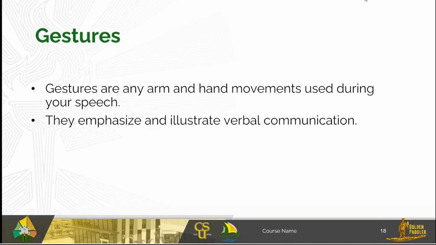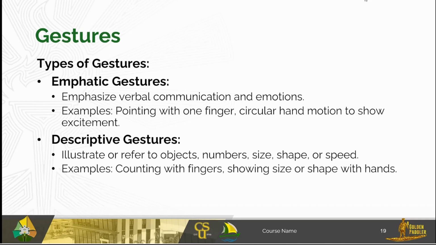Next is gestures. Gestures are any arm or hand movement used during your speech. They emphasize and illustrate verbal communication. There are various types of gestures. First, emphatic gestures. They emphasize the verbal communication and emotions.